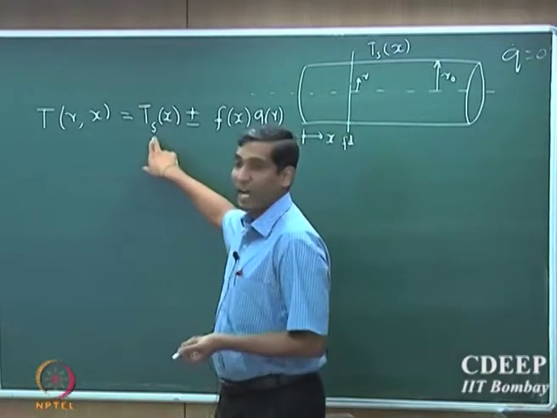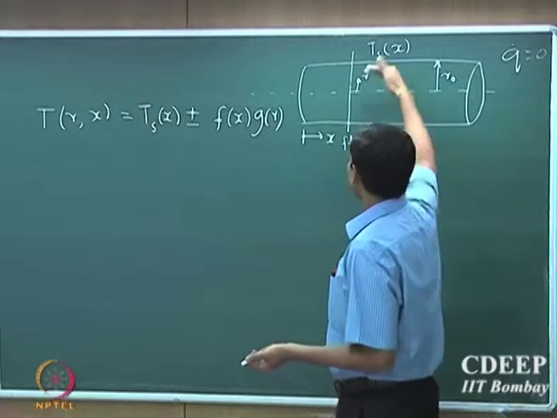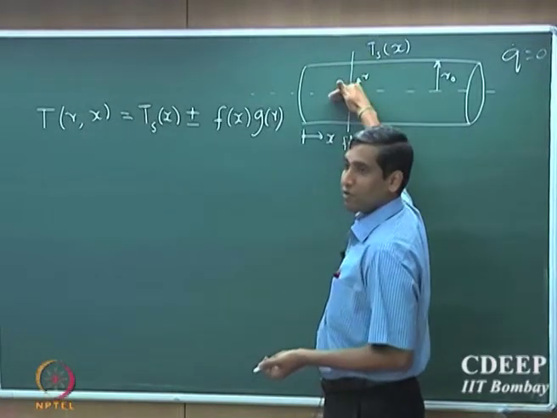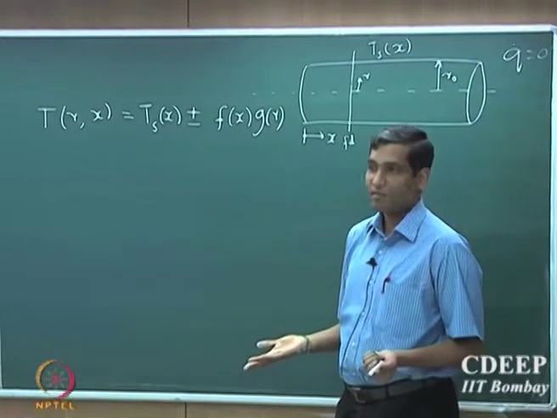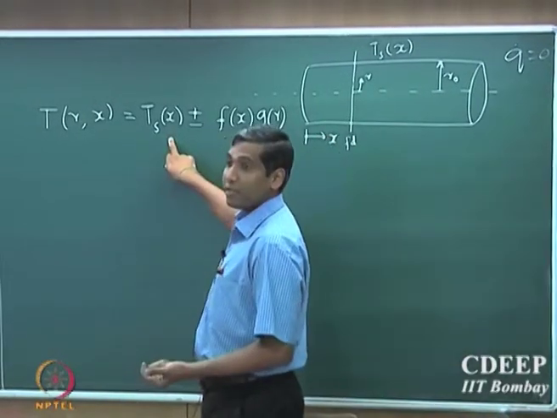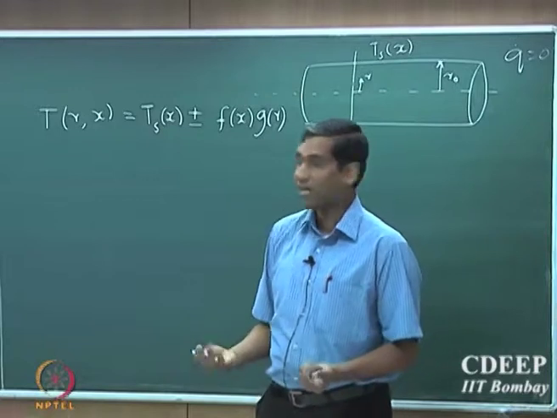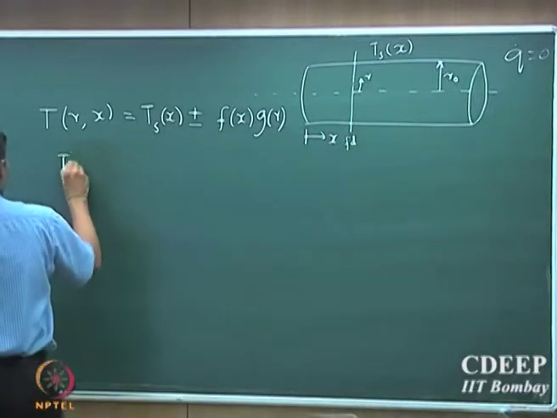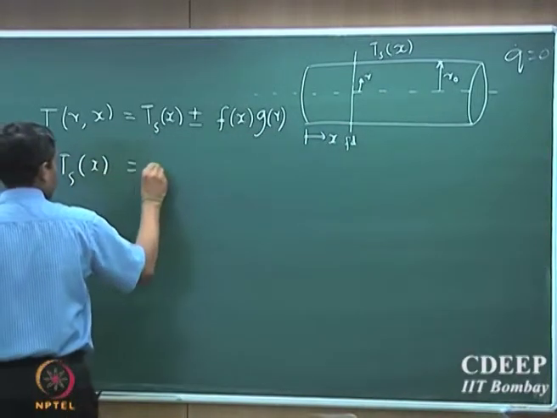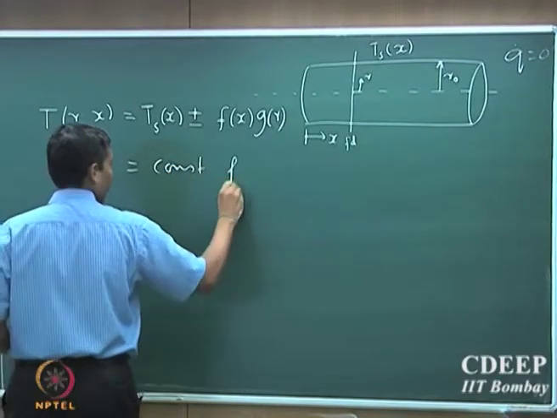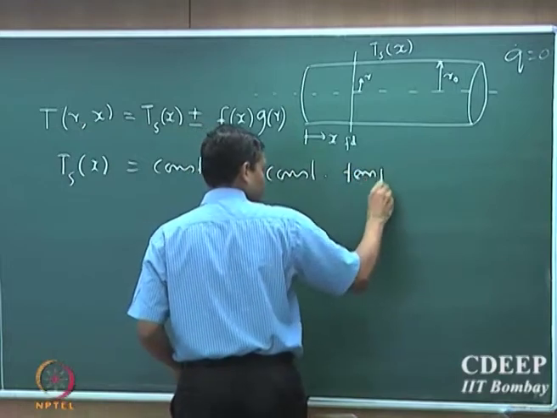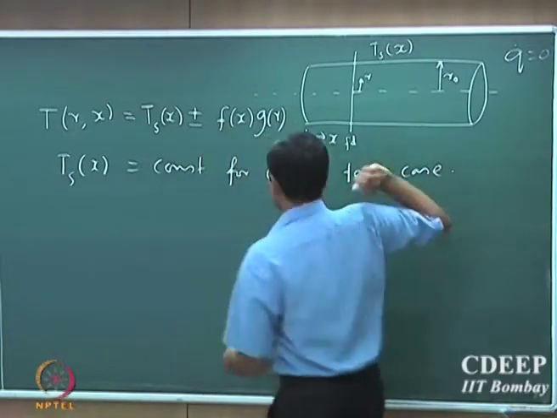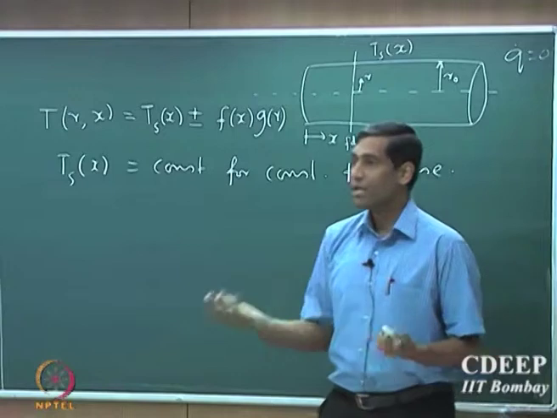The upper sign is for Ts if the heat is being supplied from the surface to the fluid, and the lower sign is for the vice versa. Okay. So that is a function of x position if it is a constant flux case, and Ts of x is constant for constant temperature case. Okay. So this is the general functional form.